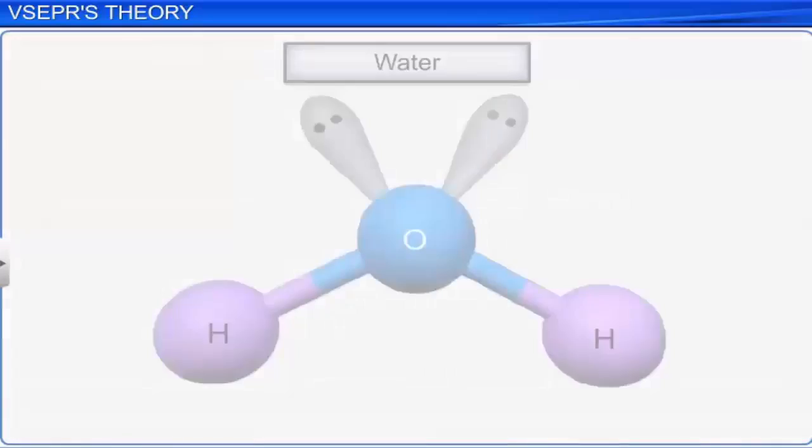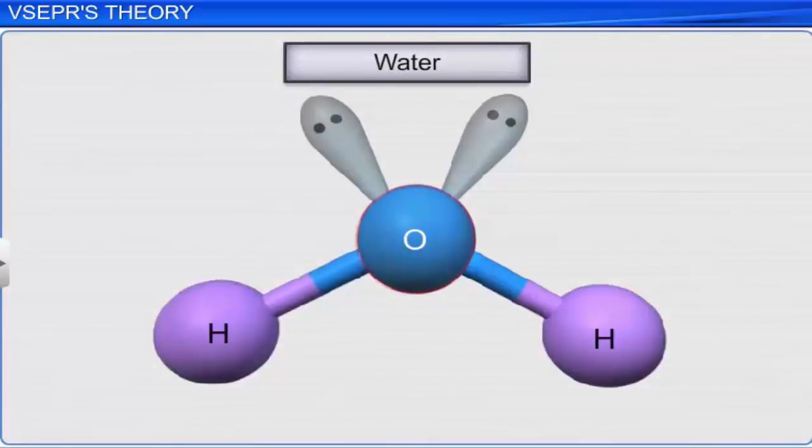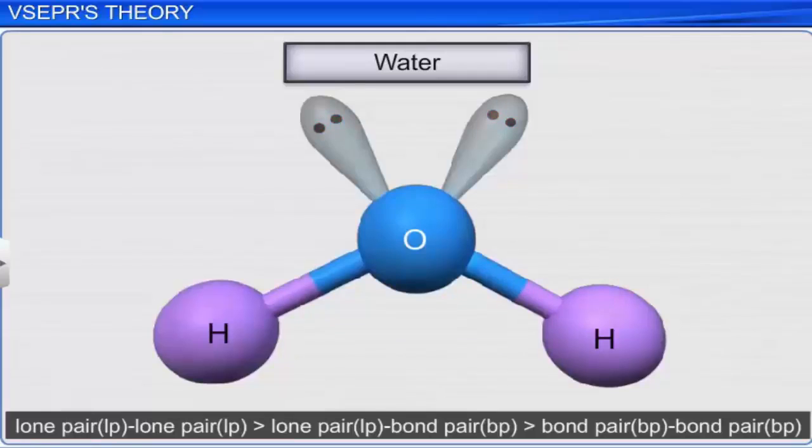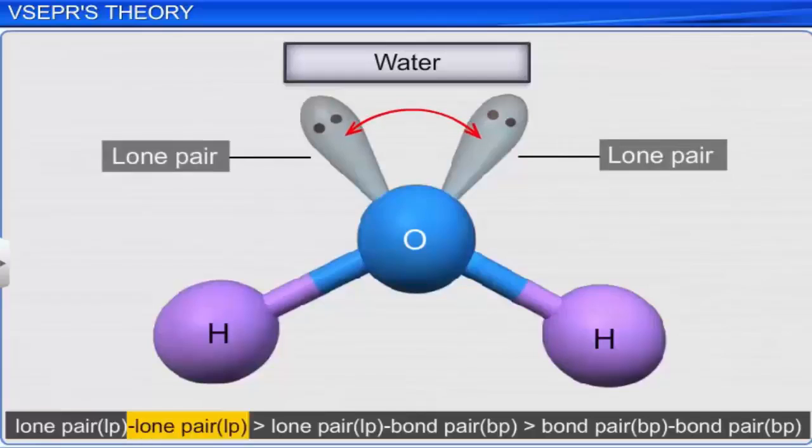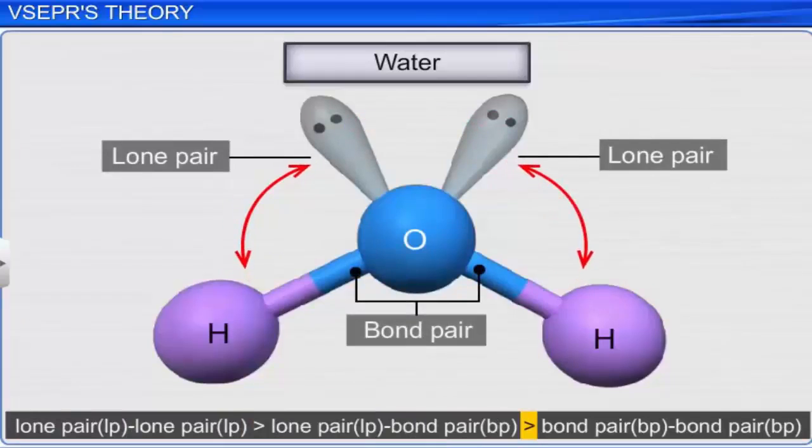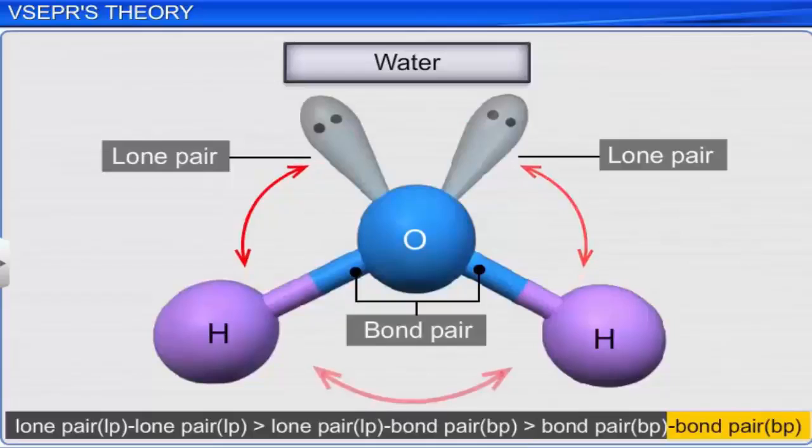In a water molecule, the central oxygen atom has 2 bonded pairs of electrons and 2 lone pairs of electrons. We have seen that repulsion between lone pair and lone pair, and lone pair and bond pair, is more than between bond pair and bond pair.